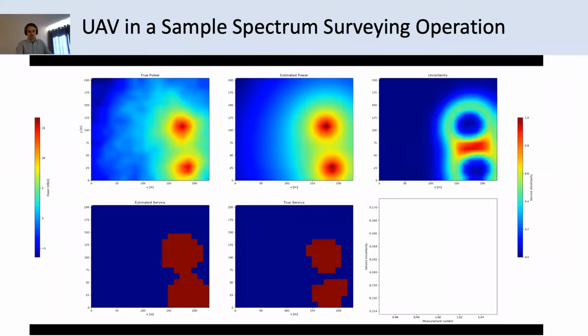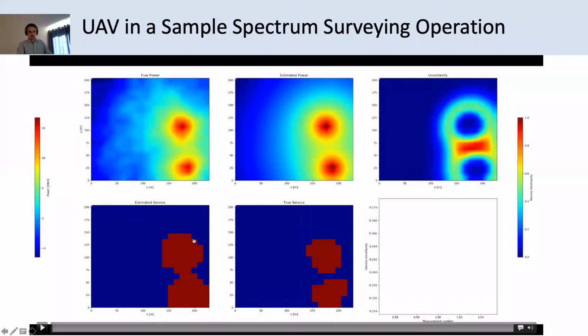To see this algorithm in action, we consider a simulated scenario with two base stations. The top left figure corresponds to the true map. Since the locations and the transmit power of the base stations are assumed known, as occurs in real cellular networks such as LTE, one can just use the free space laws to obtain a coarse estimate of the map, which is shown here.